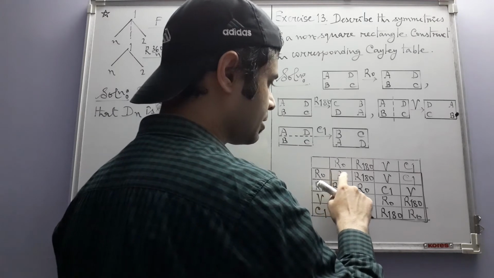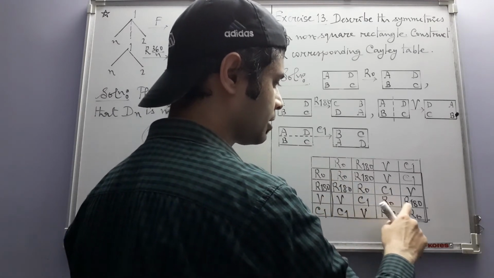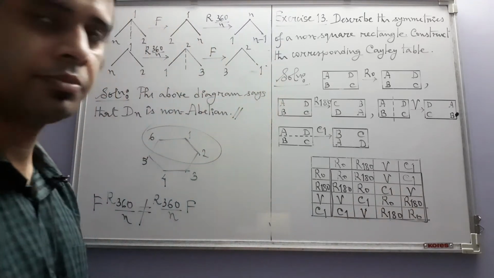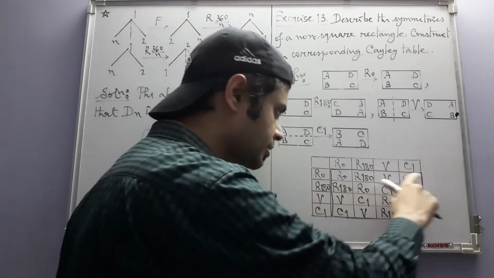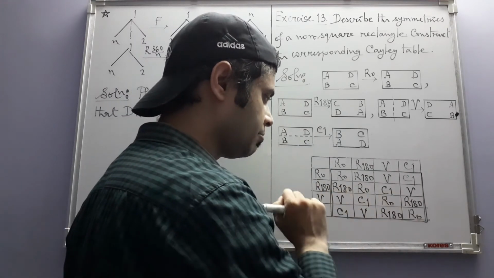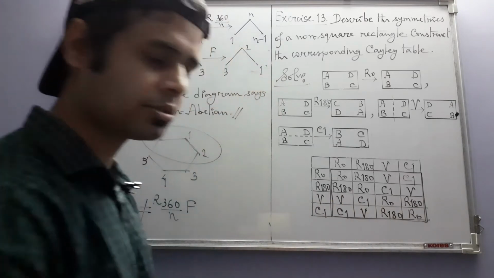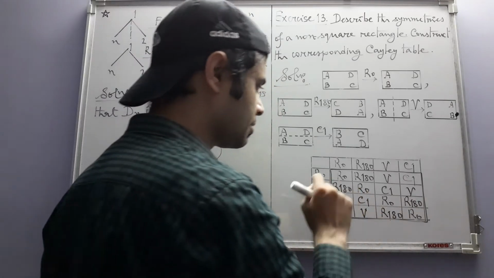R0 appears in the first row, first column, second row, second column, third row, third column, fourth row, fourth column. R180 appears in the first row only once, in the second row only once here, in the third row only once here, and in the fourth row there. What about V?